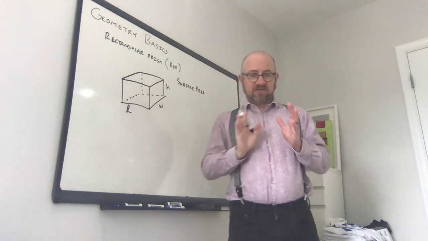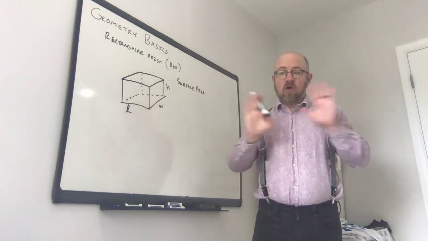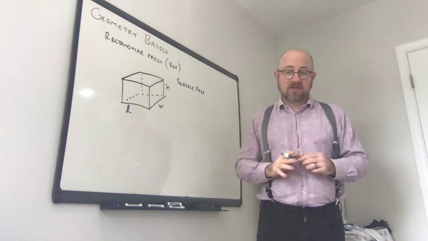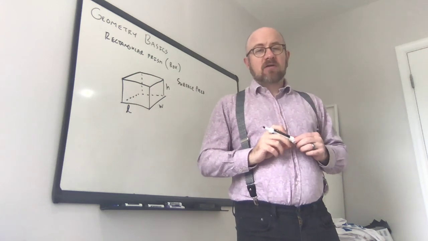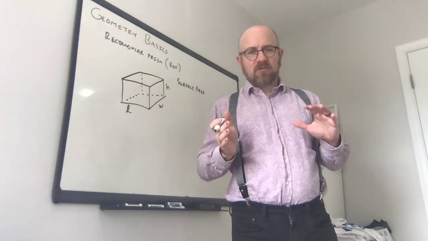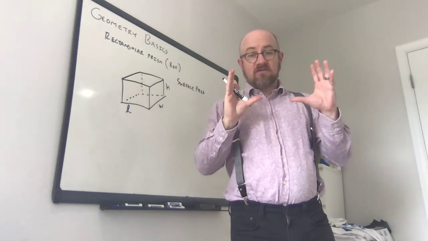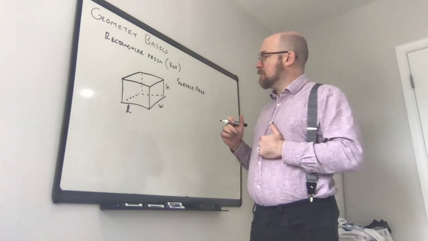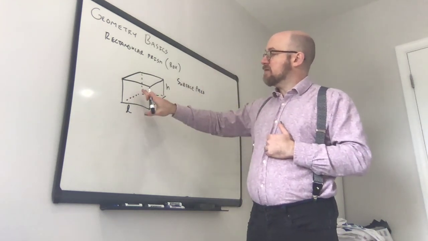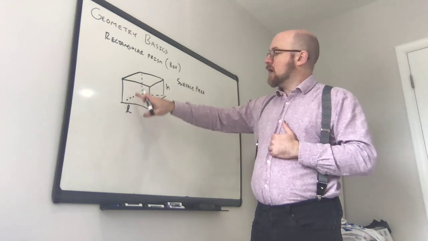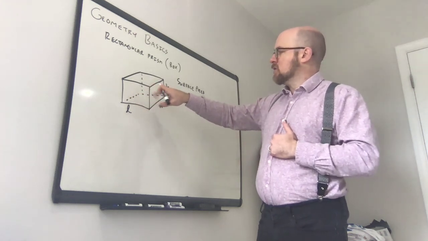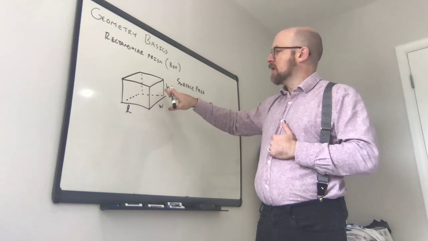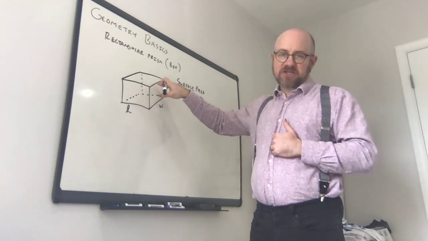The surface area is the area of all 6 sides. It's the same idea as perimeter, where you take the area of each side and add them together. If you think about the 6 sides, you've got this front piece, which is length long times height high, and you've got a back piece that matches it.